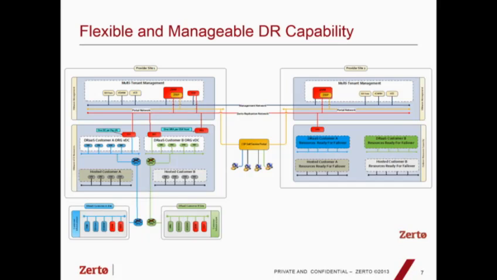Now if we take this slide, this really shows us how we can add just a few essential elements and grow this out to not only multi-tenancy, but using the same infrastructure to accomplish very powerful things. So if we look at the source side there, the provider site 1 and the provider site 2, then we've got the Zerto Virtual Manager, the VMs at the source site and the target site between provider 1 and provider 2.